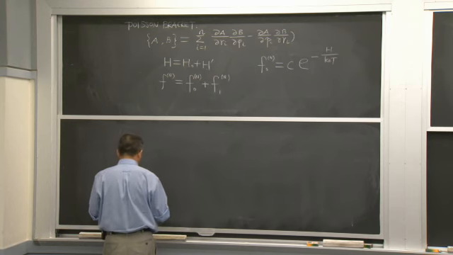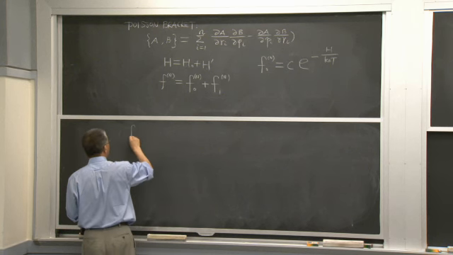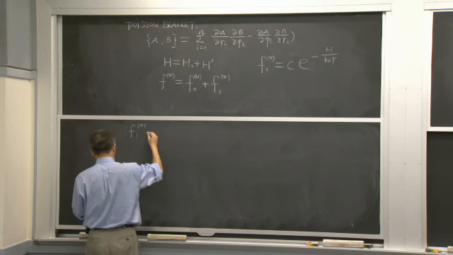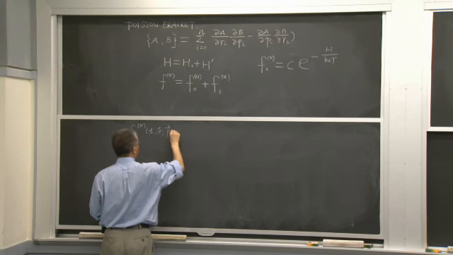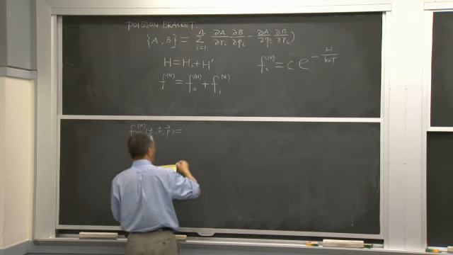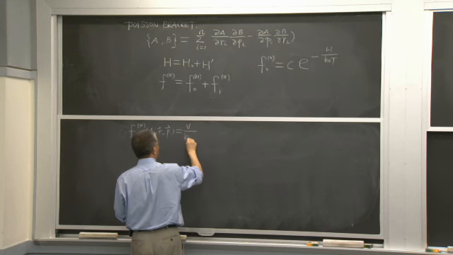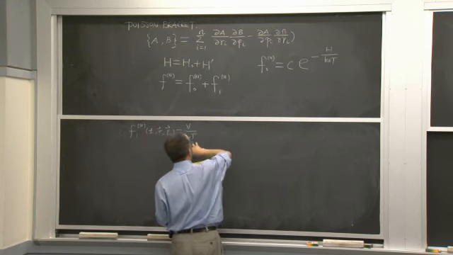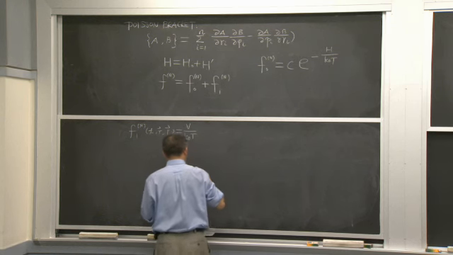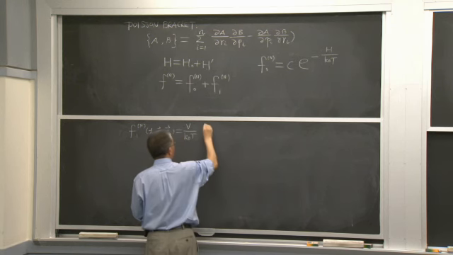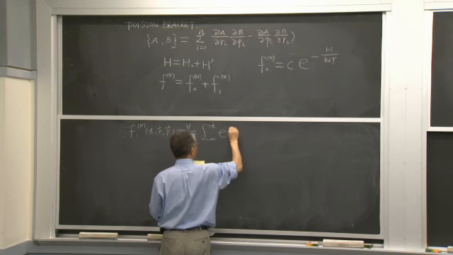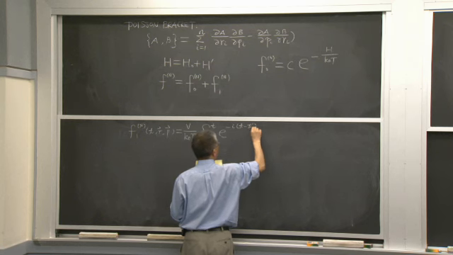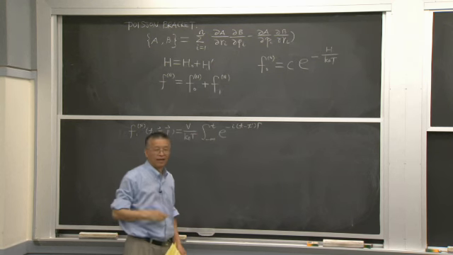So I will have F1 of n and t, r, p, right? That's the phase space variable, or is e to the minus H over kBT. That comes from F0n, and integral from minus infinity to t, and exponential minus i, t minus t prime, gamma, right?